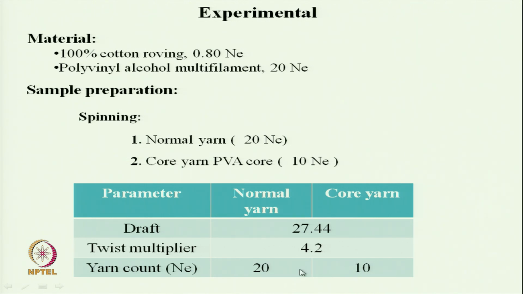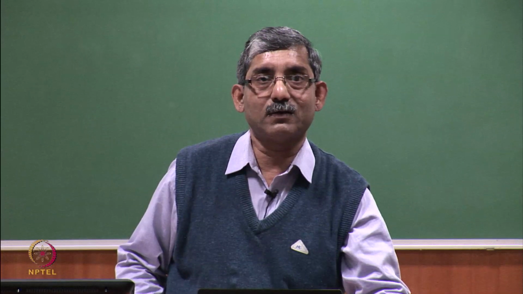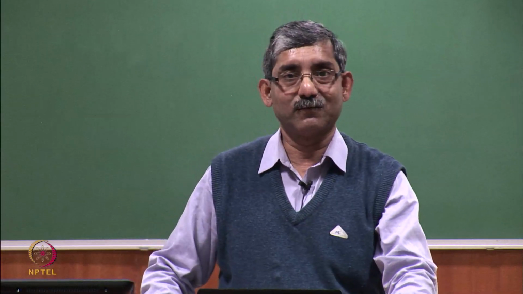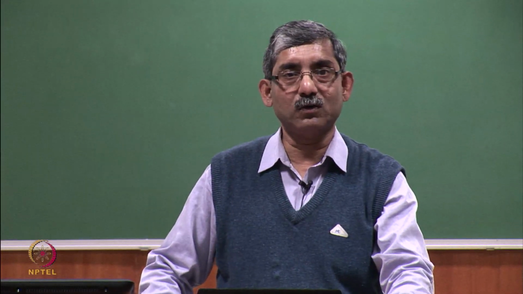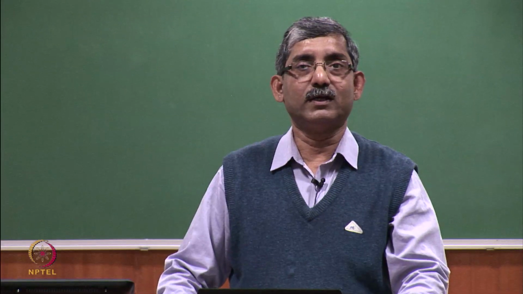So, normal yarn 20s count, core yarn 10s count means here the mixing was 50-50, 50% core and 50% sheath. Sheath material was cotton. After washing, after removal of the PVA core, this yarn will become 20s. So, both the yarns, hollow yarn and normal yarn, effectively they are 20 English count.